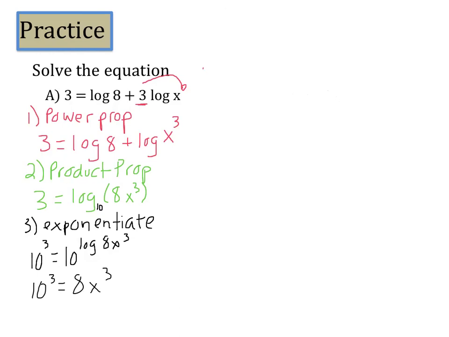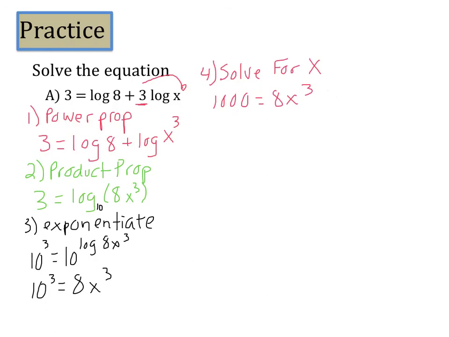So now I have to simplify and solve for x. And now we're just using algebra to figure out what x equals. So I know 10 raised to the third is 1,000. Then I have 8x raised to the 3.